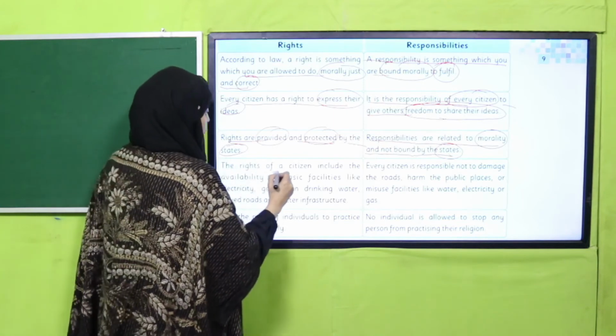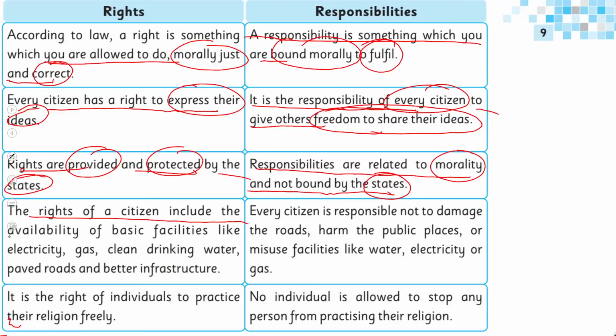The rights of a citizen include the availability of basic facilities like electricity, gas, clean drinking water, paved roads and better infrastructure. तो ये आपकी कुछ rights हैं जो आपको गवर्नमेंट प्रोवाइड करेगी.